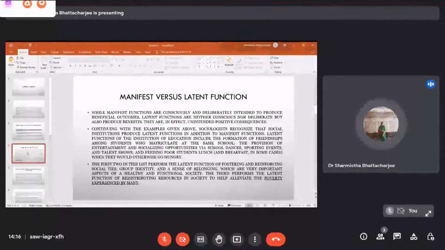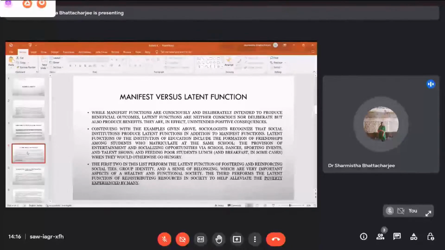While manifest functions are consciously and deliberately intended to produce beneficial outcomes, latent functions are neither conscious nor deliberate, but also produce benefits. They are in effect unintended positive consequences. Continuing with the examples given above, sociologists recognize that social institutions produce latent functions in addition to manifest ones.